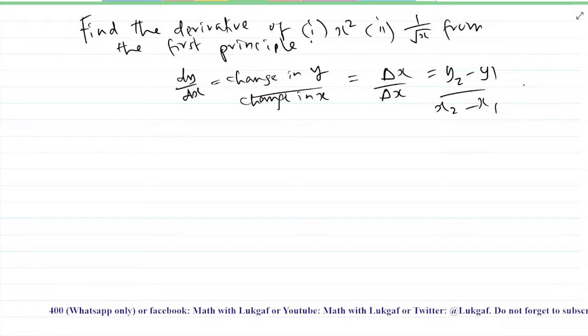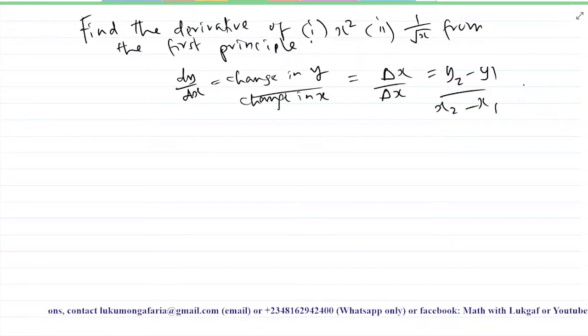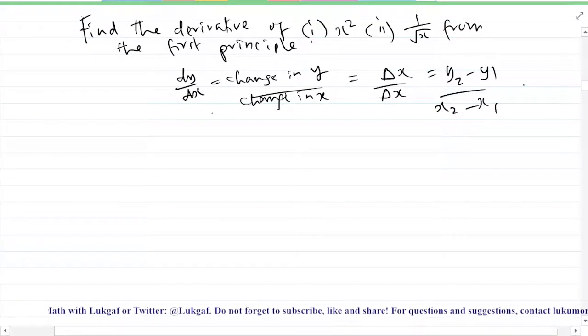This derivative from first principles is like a foundation in differential calculus. In essence, all the rules we are using, be it the product rule, the quotient rule, even all our standard derivatives, actually come from this.